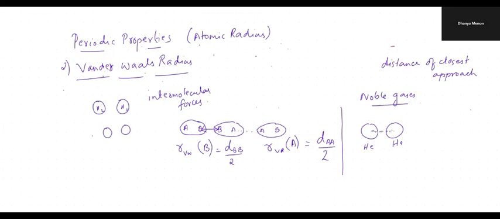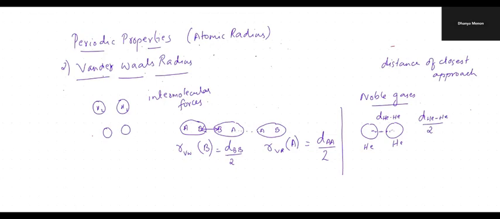This is the closest approach of helium atoms, where no bond is formed. So we measure the distance of closest approach by 2.